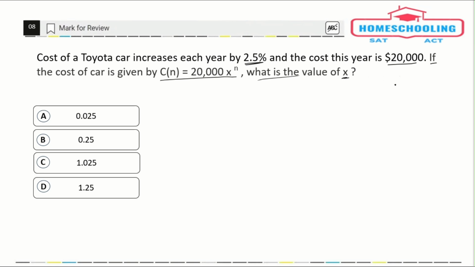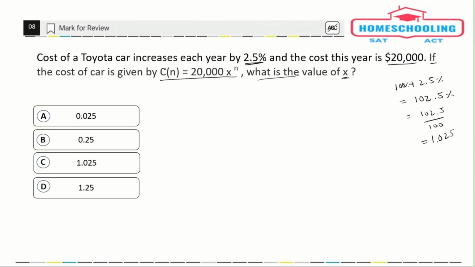So this will be written as 100% plus 2.5%, which is 102.5%. So it can also be written as 102.5 divided by 100. We shift the decimal to remove 100 from the denominator, so it will be written as 1.025.